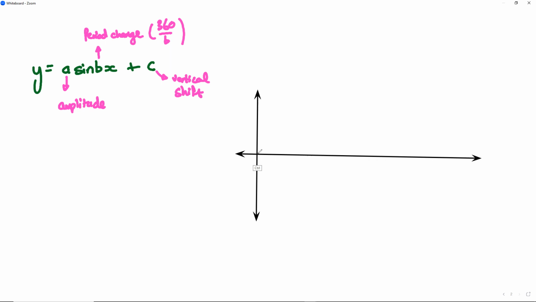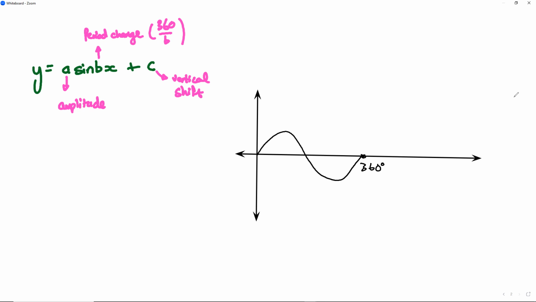It goes up, down, and then back up again, like this. And this is 360 degrees. That's the original sine graph, right?